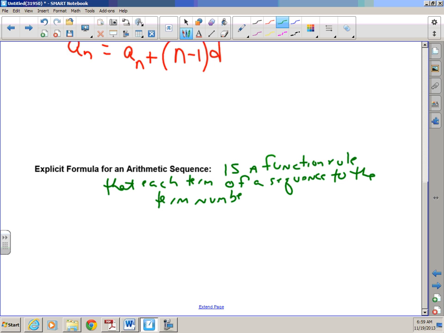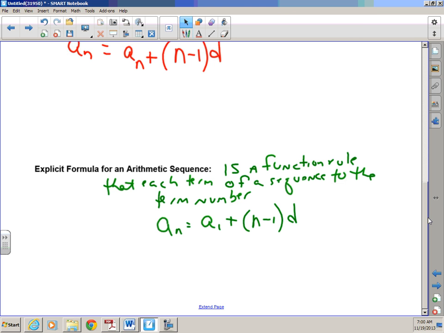In other words, I don't need to know the numbers before it. All I'm going to need to know for this formula are 2 things: to find any number, I need to know the first number in the sequence, and I need to know what my common difference is.